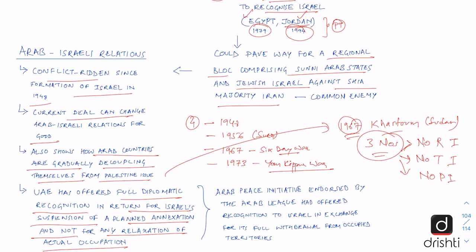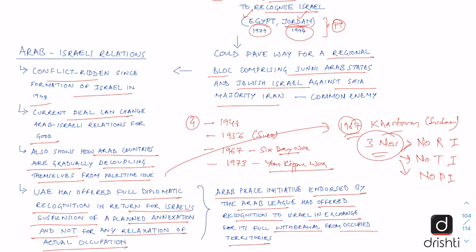In fact, the UAE's recognition of Israel also goes against the Arab Peace Initiative, which was endorsed by the Arab League and was mooted by Saudi Arabia. And this had offered recognition to Israel in exchange for its full withdrawal from the occupied territories.